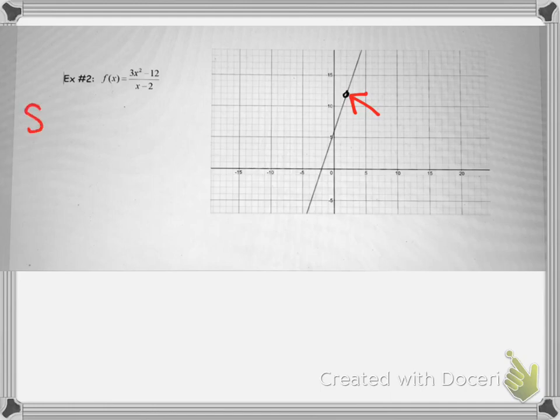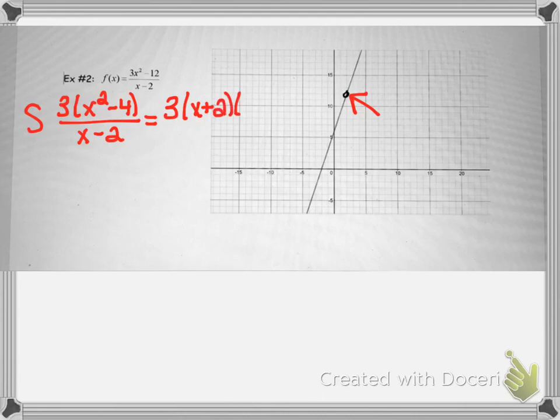And that's because if I did my S step, I notice in my numerator, the first thing that happens is there's a 3 that would pull out. And that leaves me with x squared minus 4. And if I continue my simplifying, my factoring, x squared minus 4 is a difference of 2 squares, and it factors as x plus 2, x minus 2.